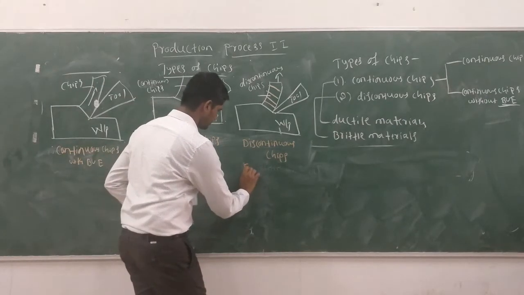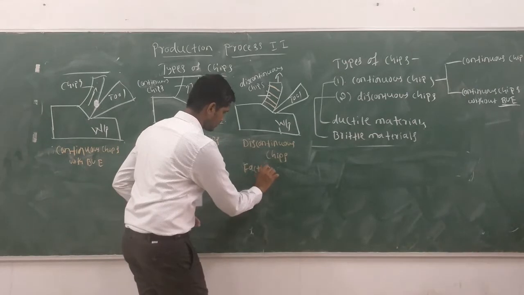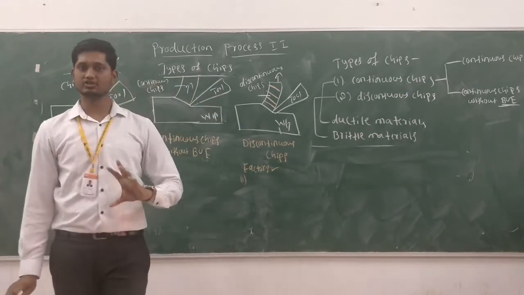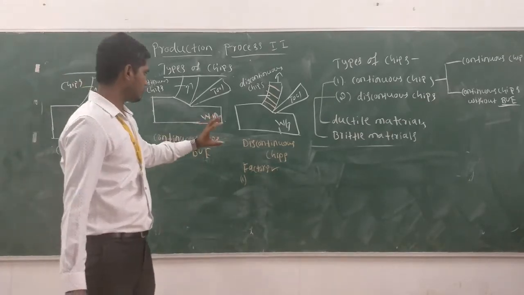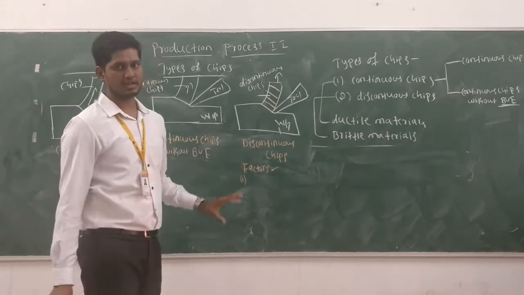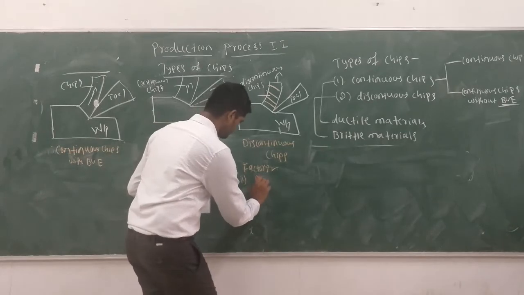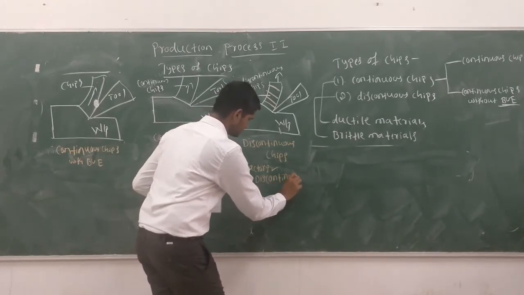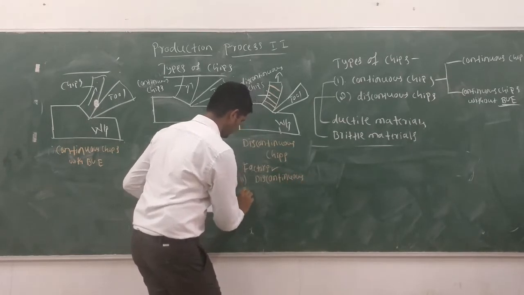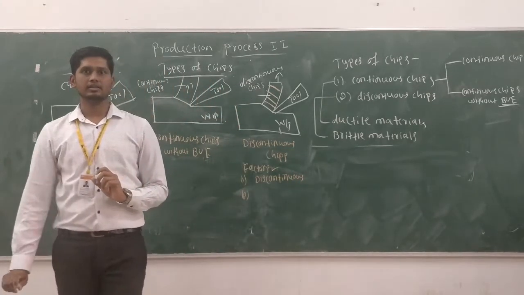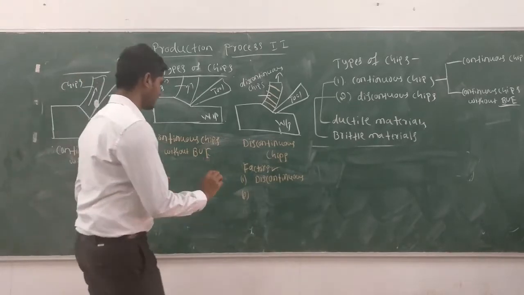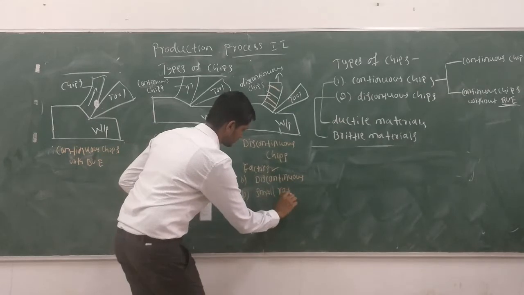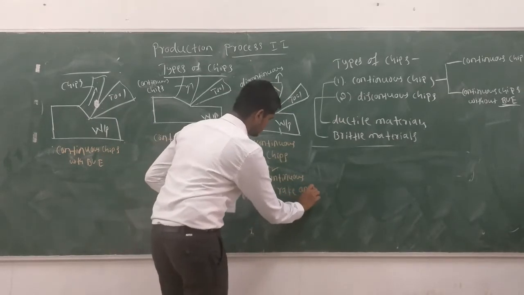Factors responsible. First factor is what? The material has to be a brittle material. Only in brittle material are discontinuous types of chips observed. And the second thing is the rake angle, a small rake angle.